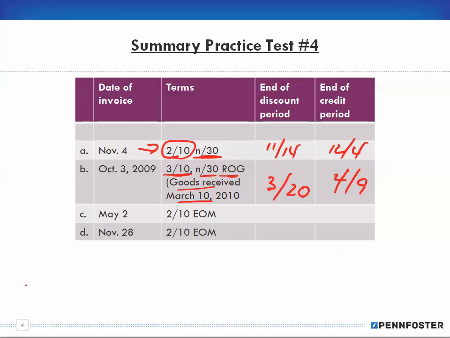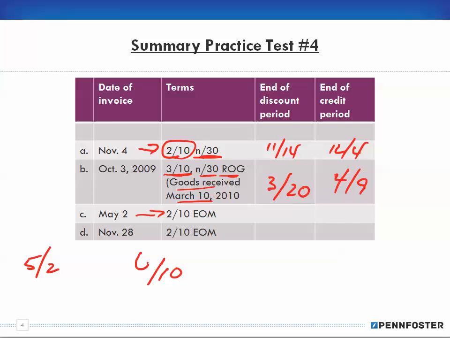All right, so end of month ones. C, okay, so I'm talking about May 2nd, and it's 2% 10 end of month. Well, with end of month, remember, we look at the 25th or prior. Since May 2nd is before the 25th of the month, that means we have until the 10th of the following month.